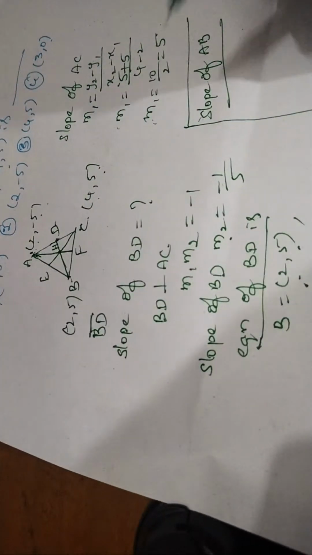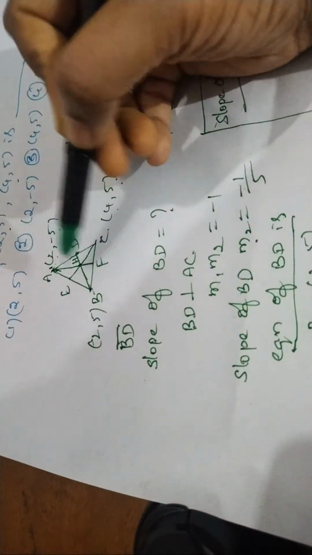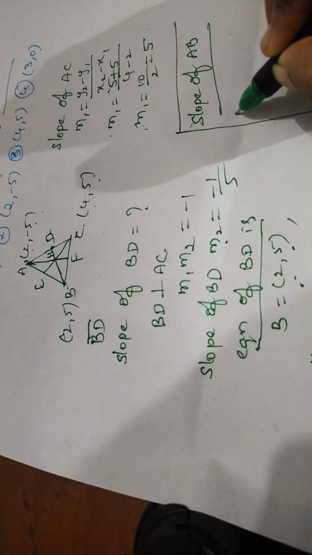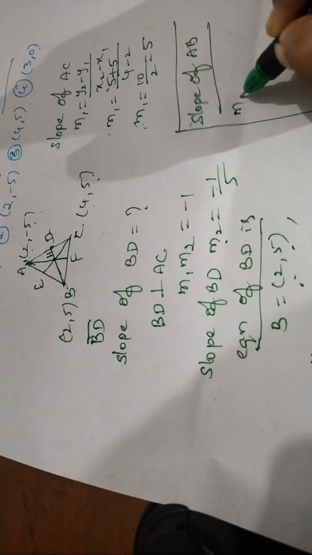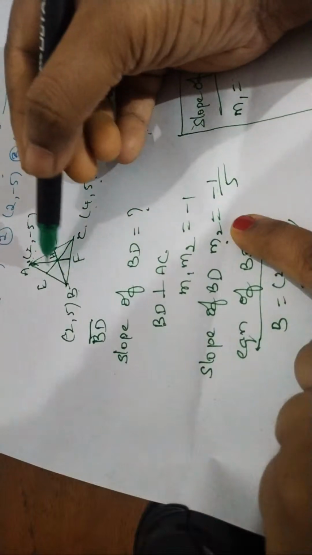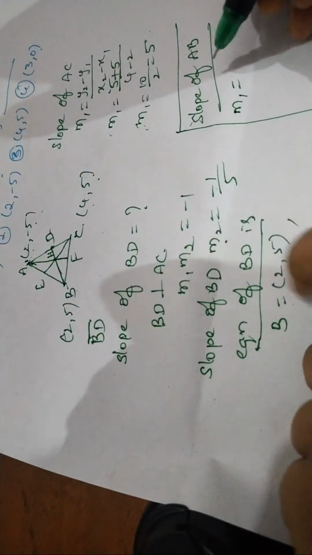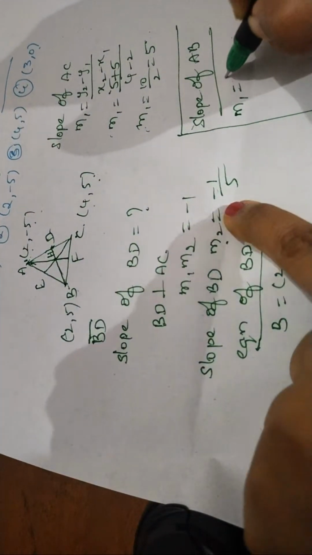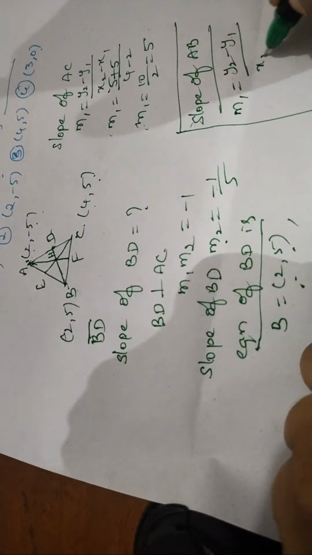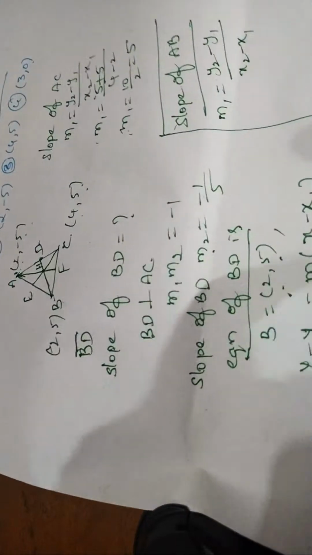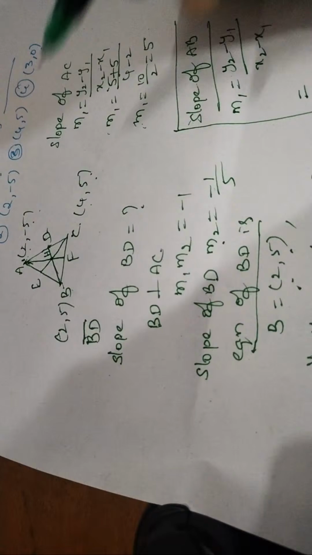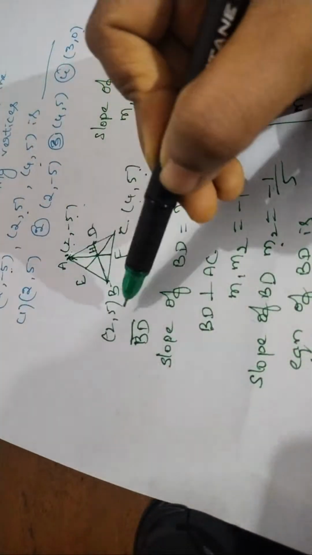Slope of AB. Here we know 2 points. What is the slope of these 2 points? I will consider this as m1 again, because this is the AB line. So for this I am taking m1 is equal to y2 minus y1 by x2 minus x1. Now write the values. What is y2 here?